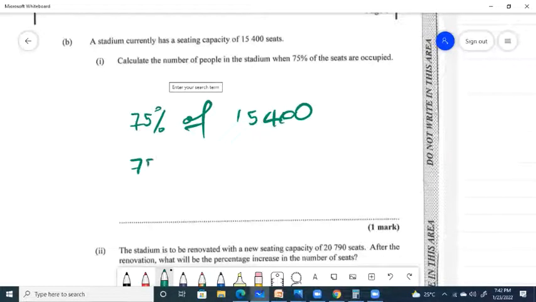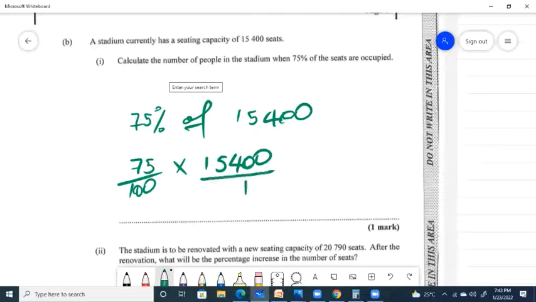So it's 75 over 100 times 15,400. That gives 11,550.